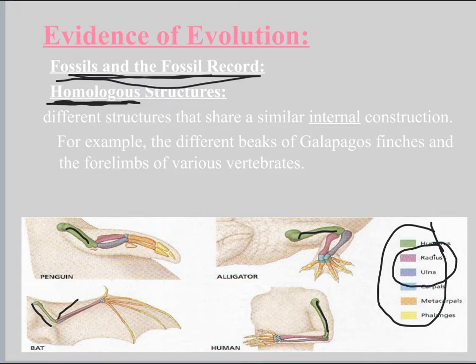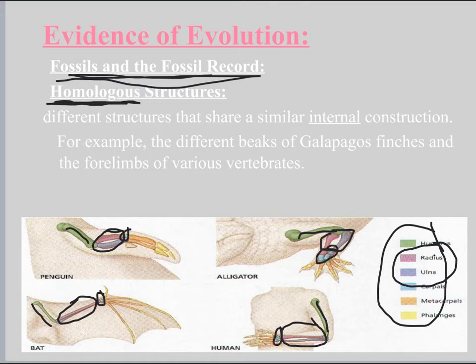You can see that in the bat, they're long and thin. In the penguin, they're kind of thicker and shorter. And the human, again, long and thin, not quite as thin as in the bat wing. But they are all there in these structures. Every single one of these animals has these same 2 bones. And then you have a cluster of bones called the carpals.